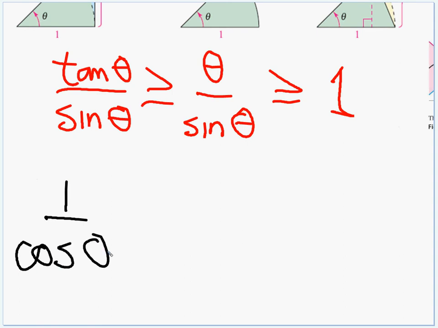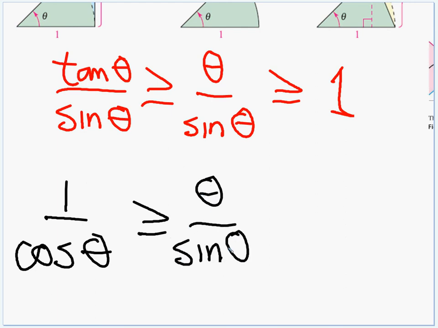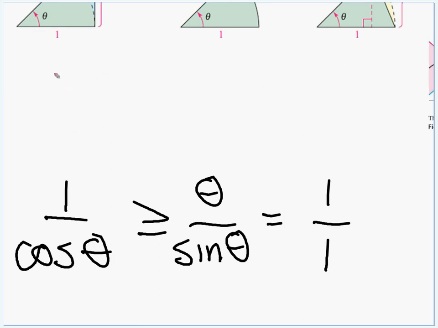So this becomes 1 over cos theta is greater than or equal to theta over sine theta, which is greater than or equal to 1. And I'm going to write it as 1 over 1. Because there's another property here we can always use in math.